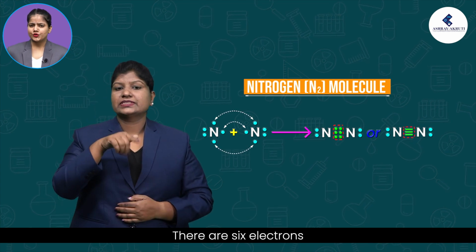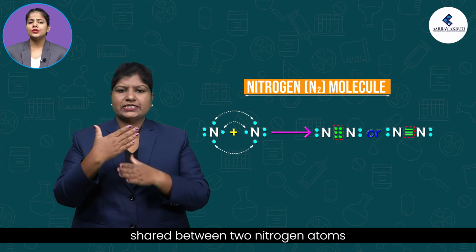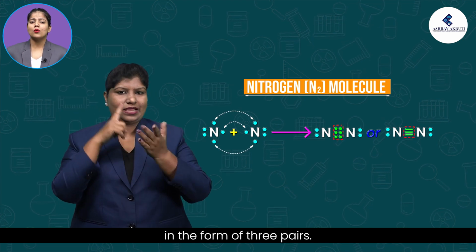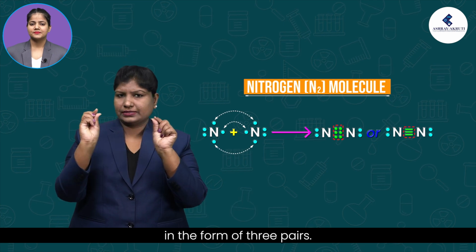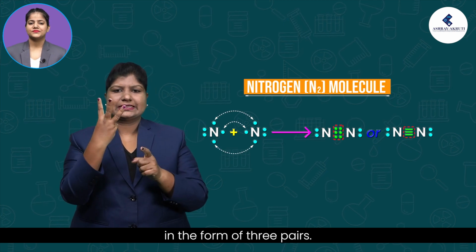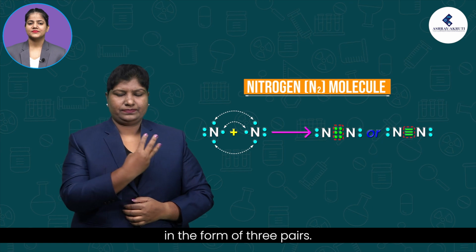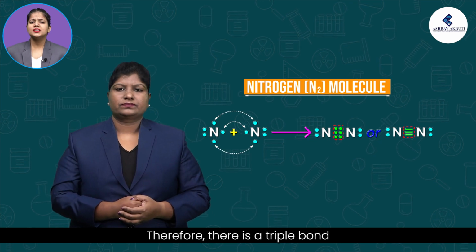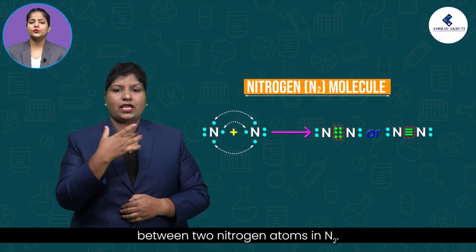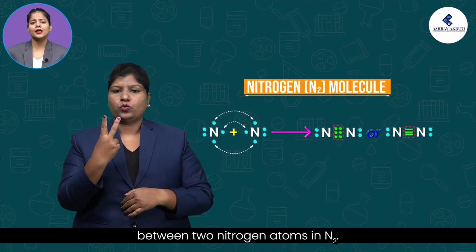There are 6 electrons shared between two nitrogen atoms in the form of 3 pairs. Therefore, there is a triple bond between two nitrogen atoms in N2.